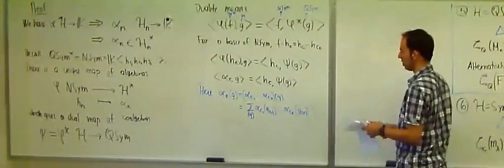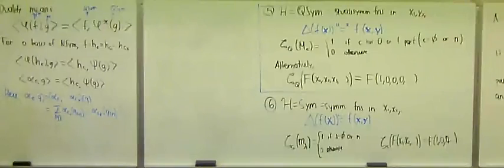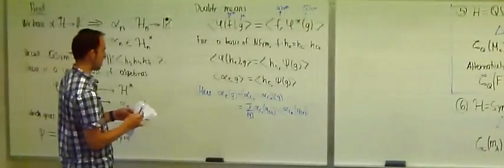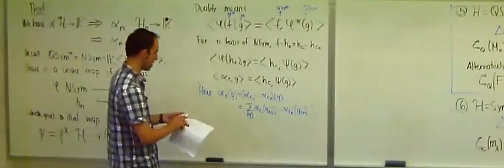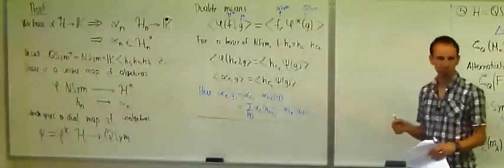Now, there's two things that I want to do, so maybe I'm going to leave space for a little computation here. But I'm in the process of finding a formula for phi, okay?